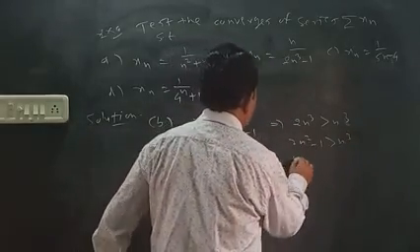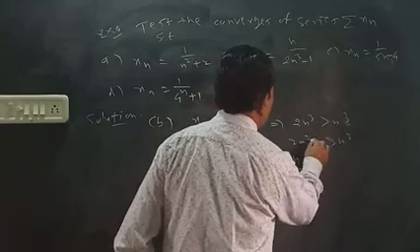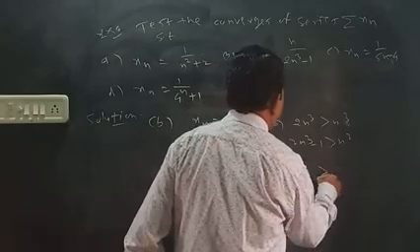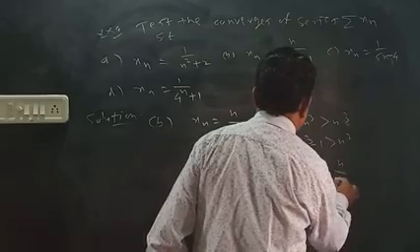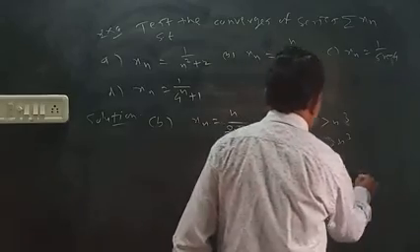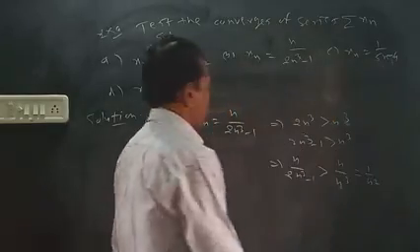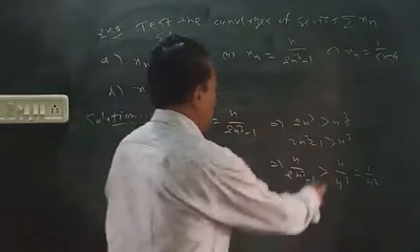Therefore n upon 2n cube minus 1 will be greater than n upon n cube, that is 1 upon n square again.